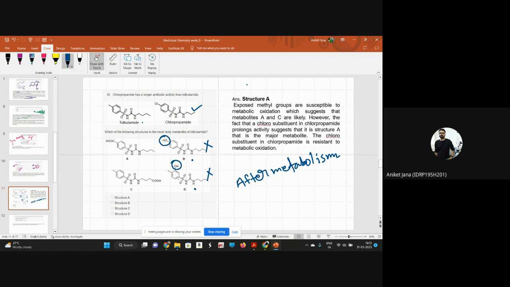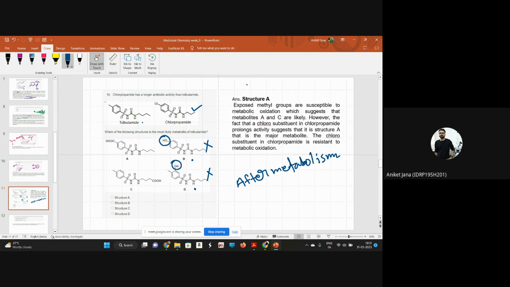So what may be the common metabolites where the CH3 is present here? By oxidation. Metabolic oxidation is a common process, right?